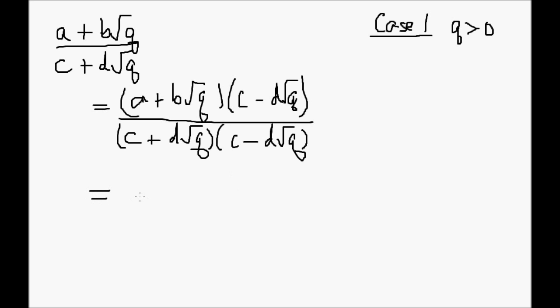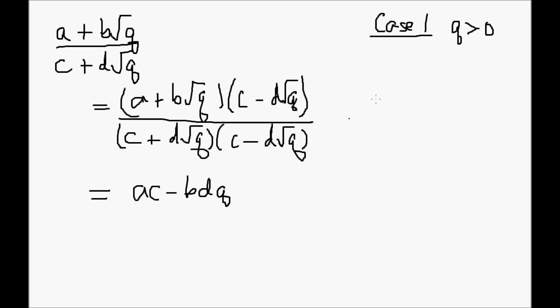Okay, now multiplying out. On the bottom, q is known to be positive, and so we get c squared minus d squared q. So multiplying the top, to get the terms that are real, we get a times c minus b times d times q.